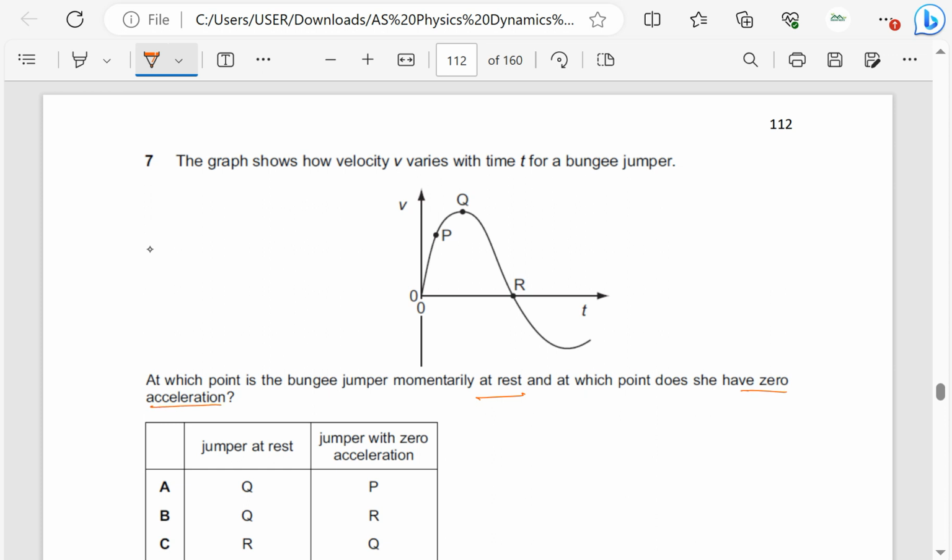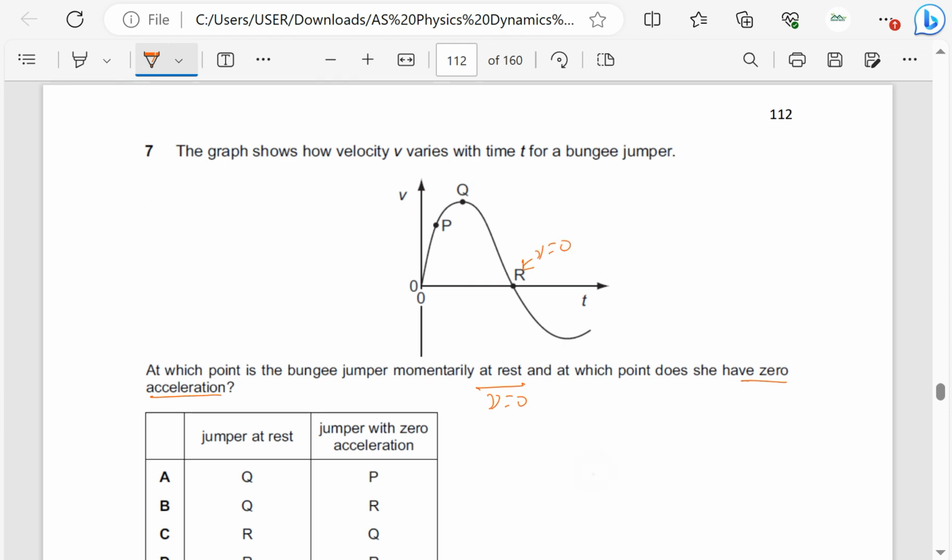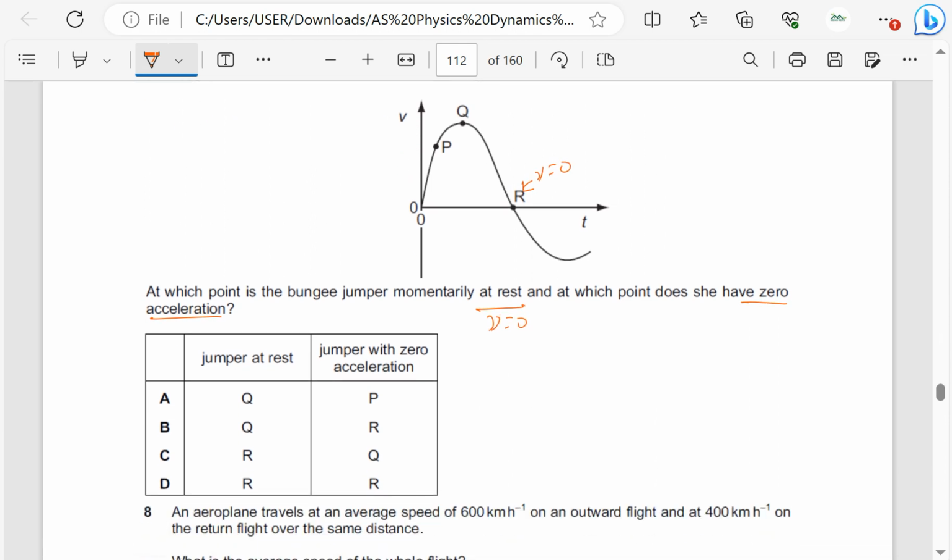If he's momentarily at rest, v should be 0. That means r, this one here, where v is 0, so it's momentarily at rest at r. So we ignore q, a and b.